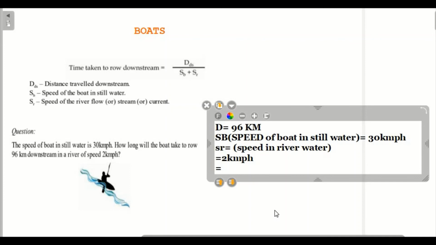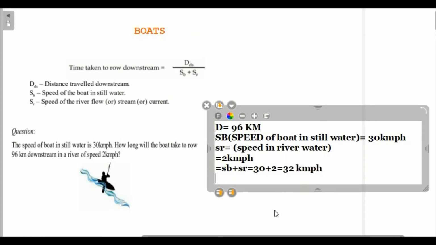So as I said earlier, we have to add SB and SR. SB is speed of boat plus SR is speed of river, equal to 30 plus 2, equal to 32 kmph. So we have to substitute in the formula.